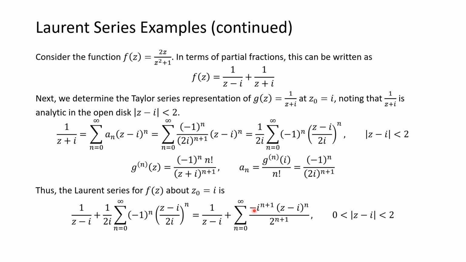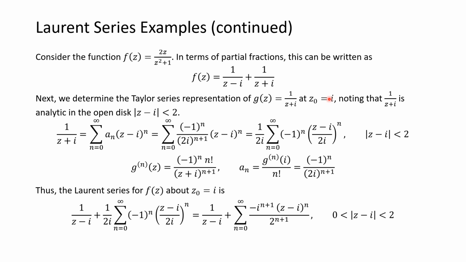It's not critical, but I wrote it this way just to emphasize that this is just constants, complex numbers I should say, times z minus i to the n. And so we basically have our Laurent series. It has one negative power term and then an infinite number of positive power terms. And again, this is the Laurent series about z equals i.